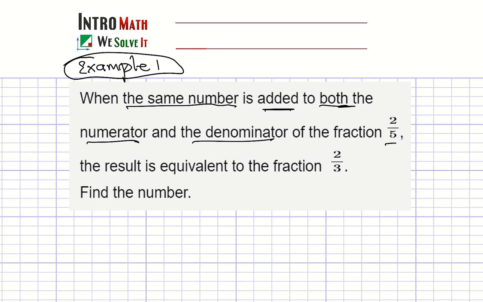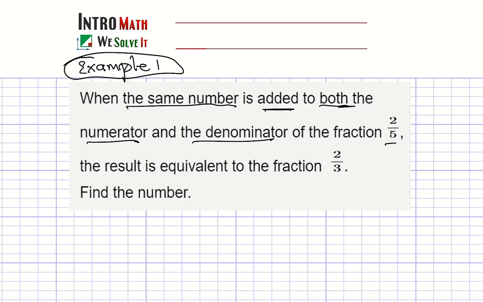It says that when the same number is added to both the numerator and denominator of the fraction 2/5, the result is equivalent to the fraction 2/3. Then it tells you to find the number. So there's a number they're seeking, and that number is added to the first fraction, and it's equivalent to the second fraction.